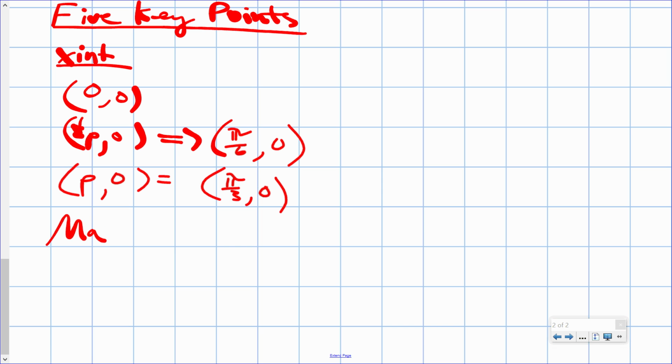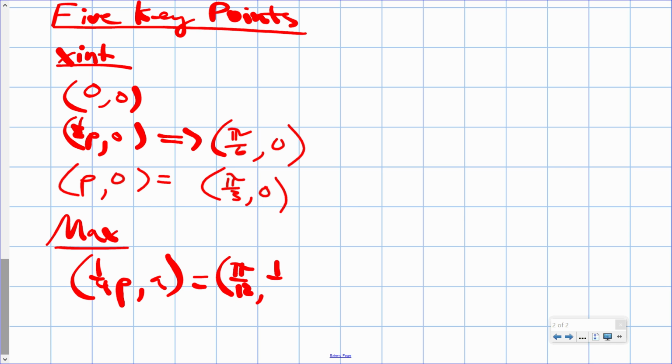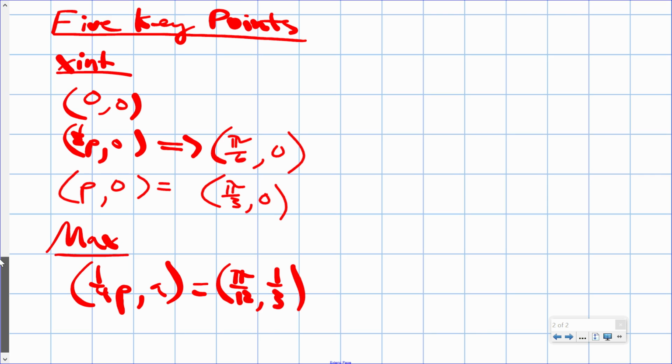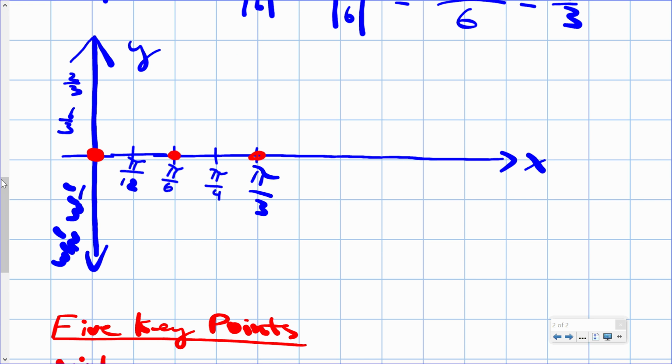Maximum. 1/4 period, amplitude. So 1/4 the period would be pi over 12. Amplitude is 1/3. Pi over 12, 1/3. Okay.